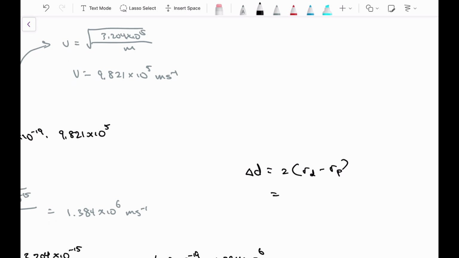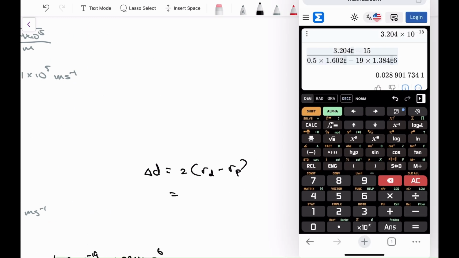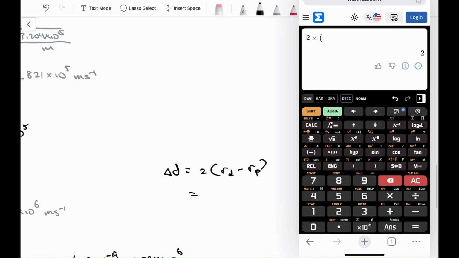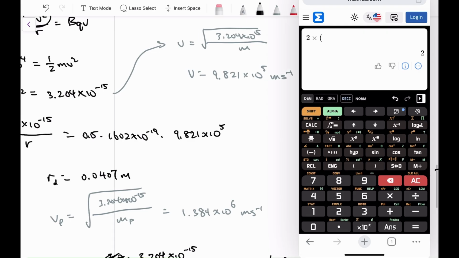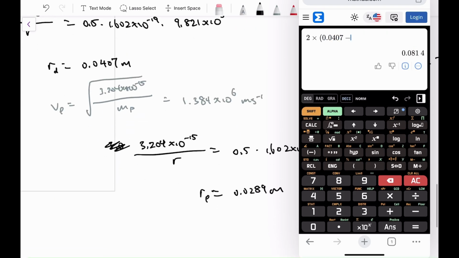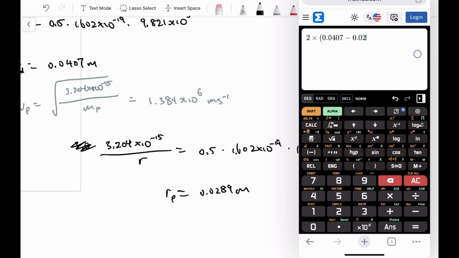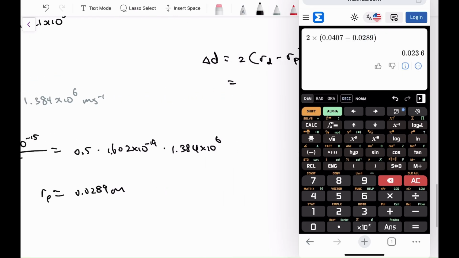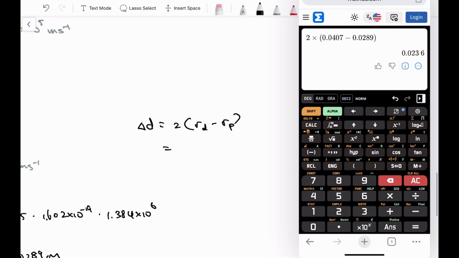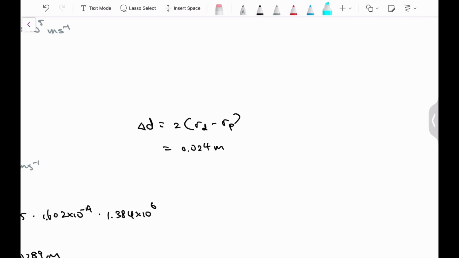That's 2 times 0.0407 minus 0.0289, and that is equal to 0.0236. I'm going to leave it at two significant figures, so that will be 0.024 meters, and that will be the answer to the question.